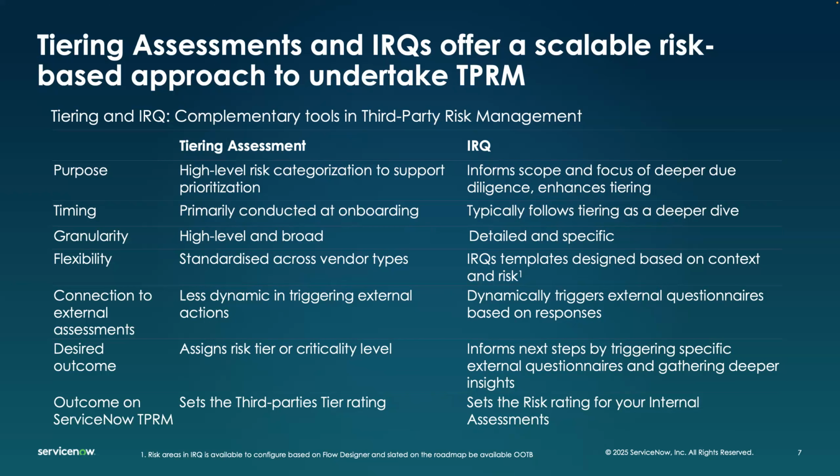Unlike that, IRQ is a deeper, more granular assessment that enhances the tiering. It occurs after initial tiering, offers high flexibility and control by dynamically triggering external questionnaires based on the internal answers, and yields deeper risk insight.